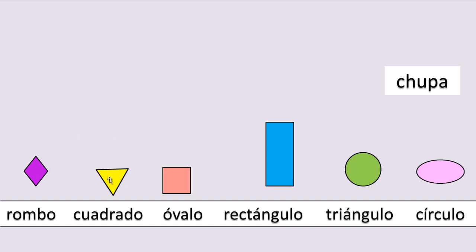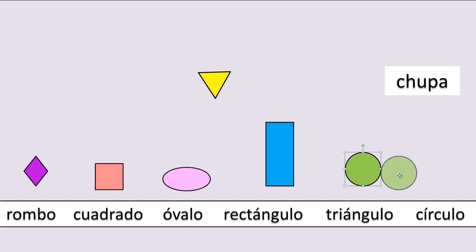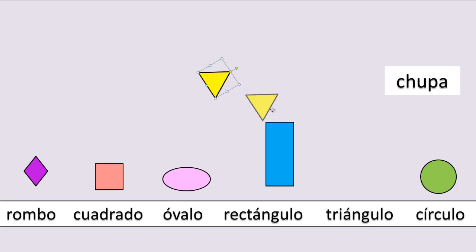Now something's in the way here. This is el triángulo. It doesn't go there. Where's the cuadrado? Aquí está el cuadrado. Hey, what goes here? Óvalo. Hey, what are you doing there, círculo? You belong over here. Triángulo, come on over here.